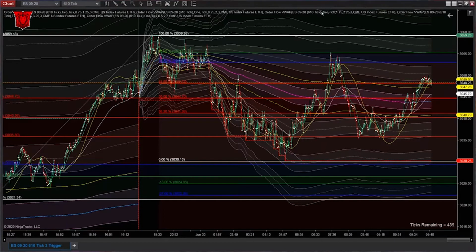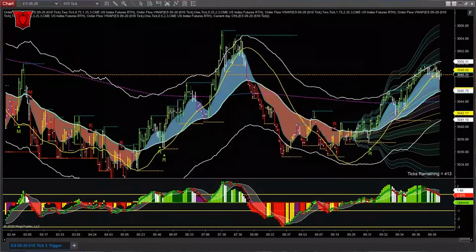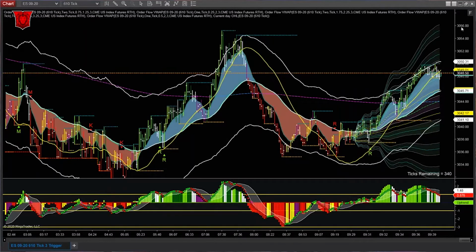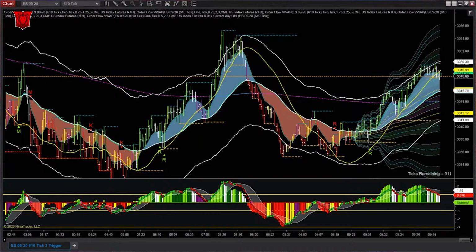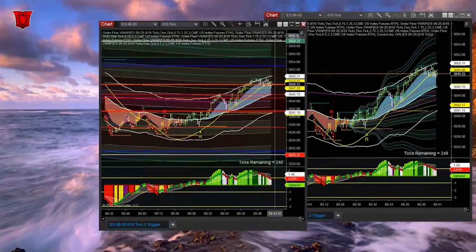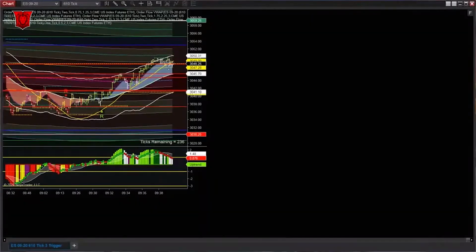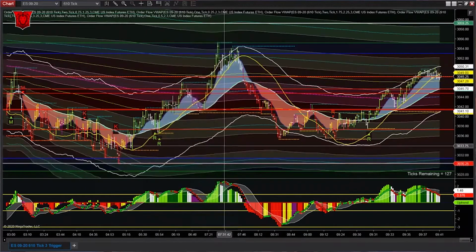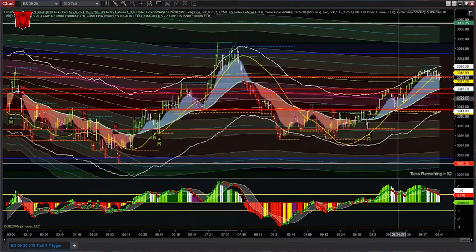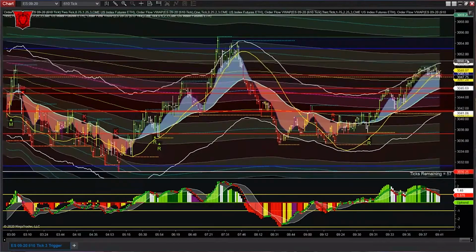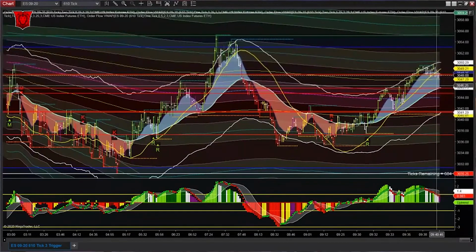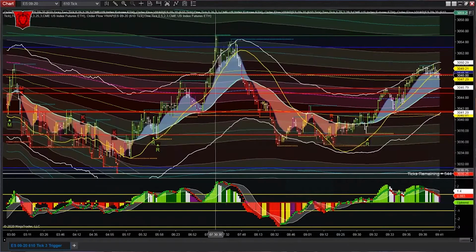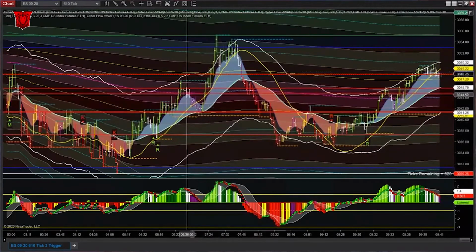So let's look at the 24-hour one, which is right here. Most likely it's going to hit down here and continue going up. That's usually the pattern, if you know the pattern by now.